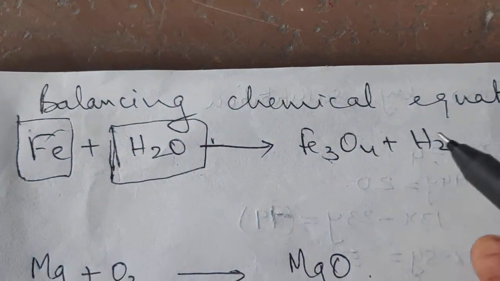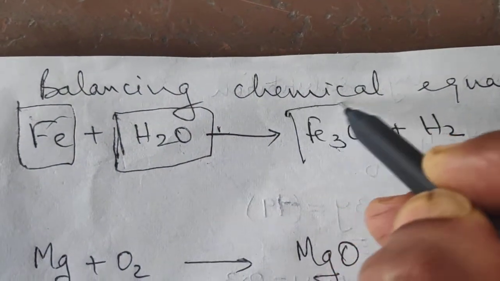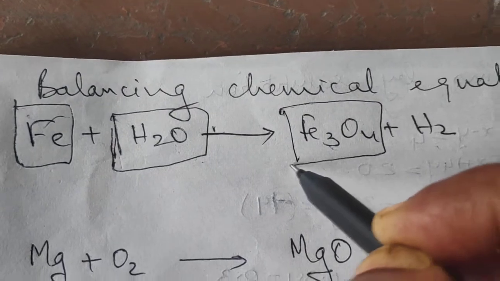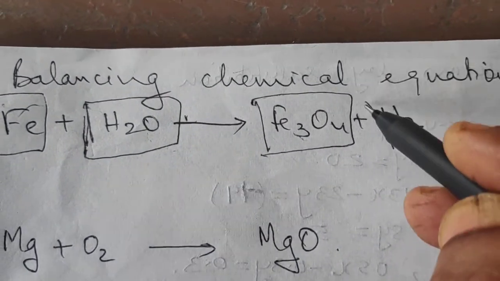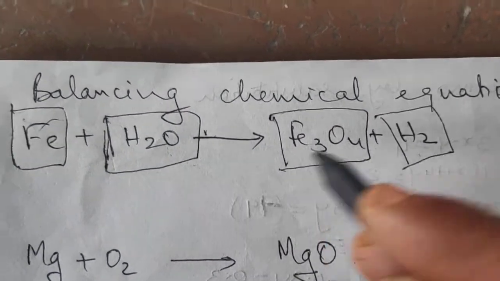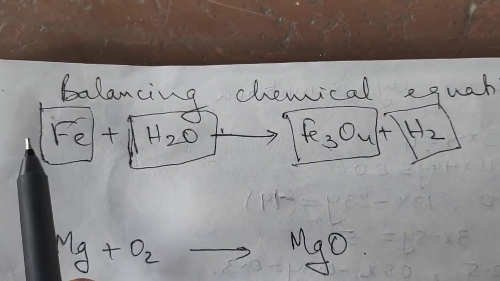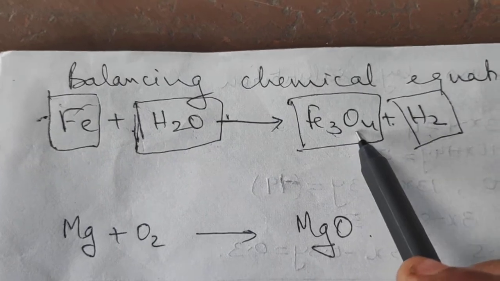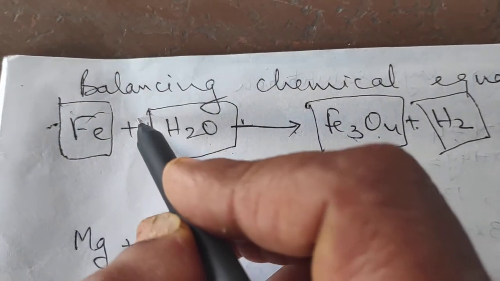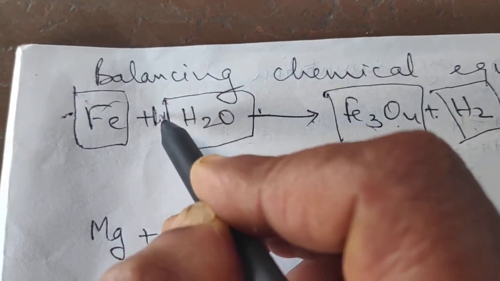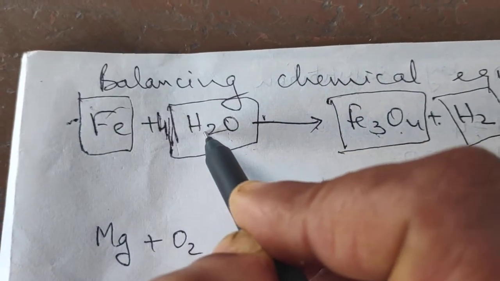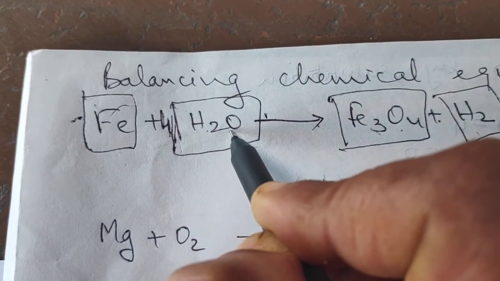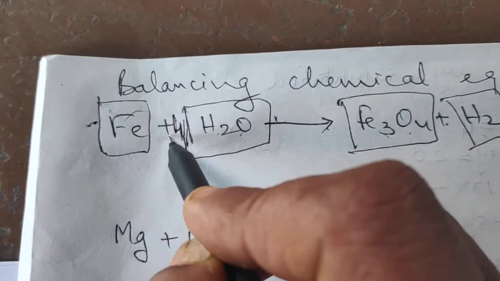Iron is written as Fe, water is written as H2O, iron oxide is written as Fe3O4, hydrogen is written as H2. So you can't make any change. Whatever change you want is now at the molecular level, in front. You can write the numbers. So here 4 oxygen means I can put 4 over here. This 4 will be applicable to H2 as well as O, which means oxygen is now balanced, 4.